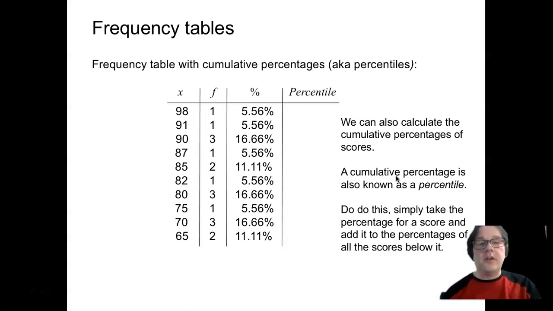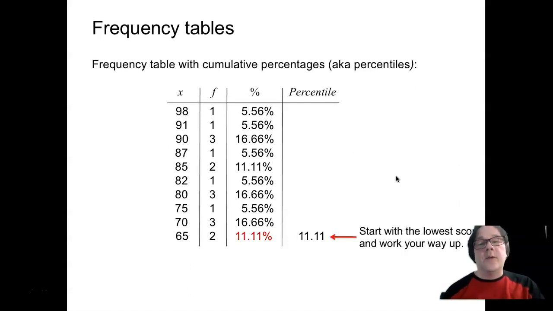So let's start with our first score, 65. If you got a 65, what's your percentile in the class? Well, it would just be 11, the 11th percentile, or more accurately, the 11.11 percentile, right?